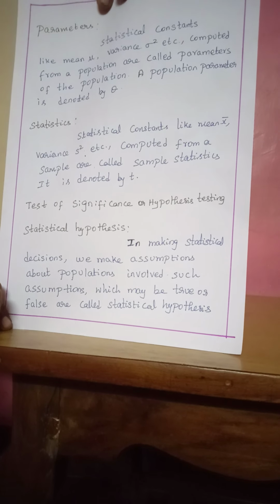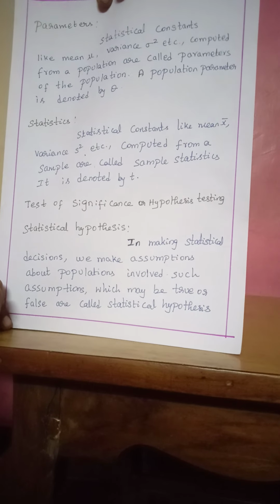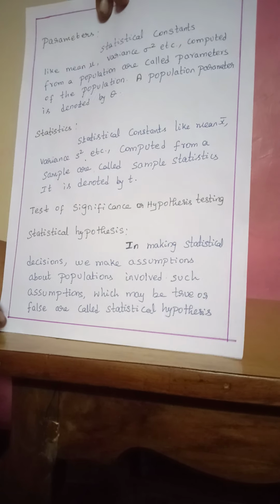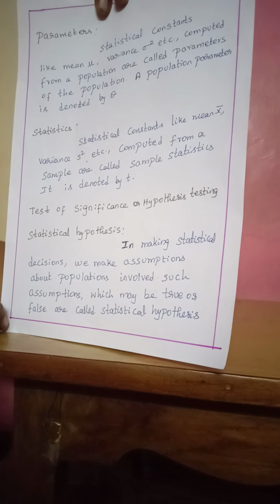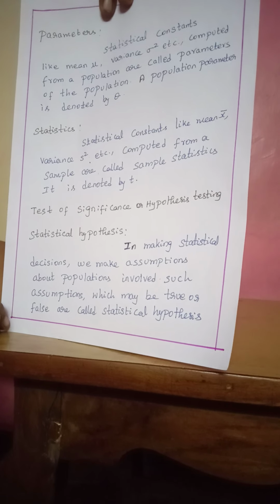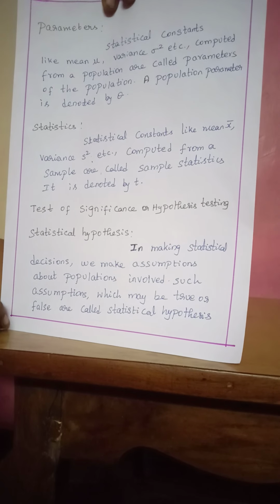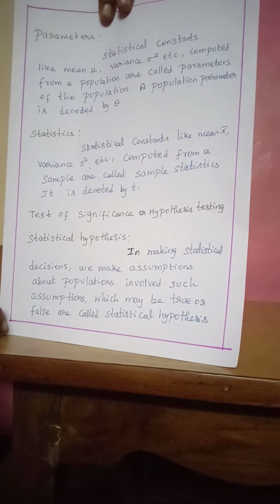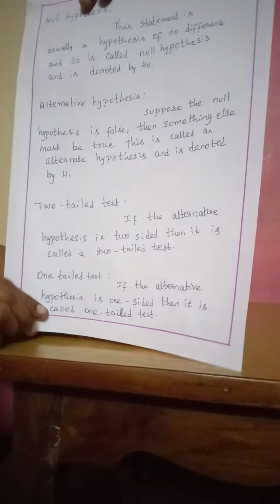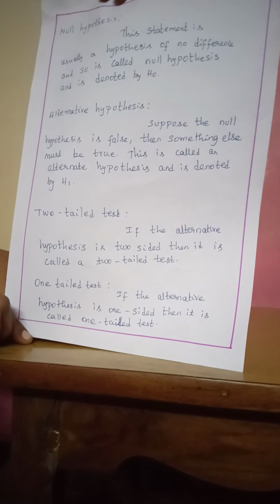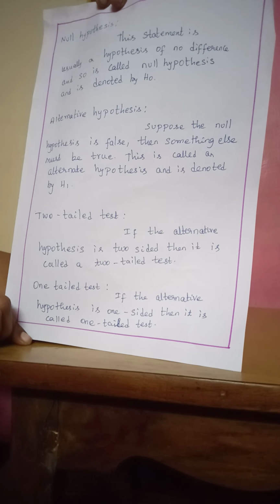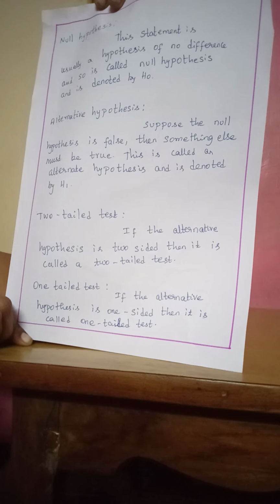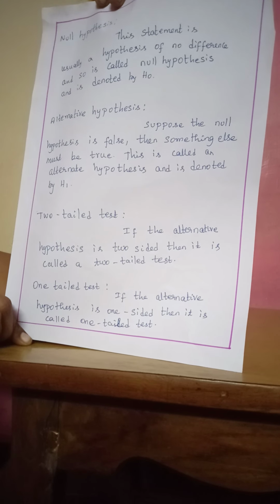Next, test of significance or hypothesis testing. Statistical hypothesis. In making statistical decisions, we make assumptions about populations involved. Such assumptions, which may be true or false, are called statistical hypothesis. Null hypothesis. This statement is usually a hypothesis of no difference and so is called null hypothesis.